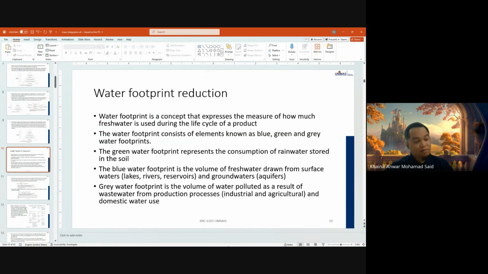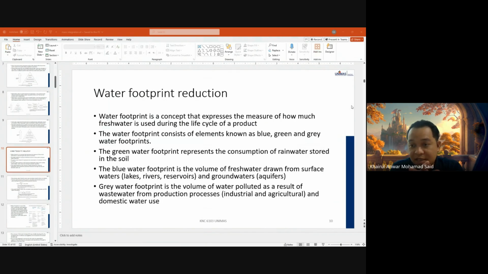So how do we calculate the water footprint? Return back to this. Based on the poll, what does the gray water footprint represent?